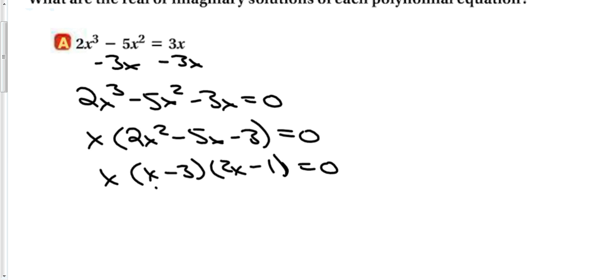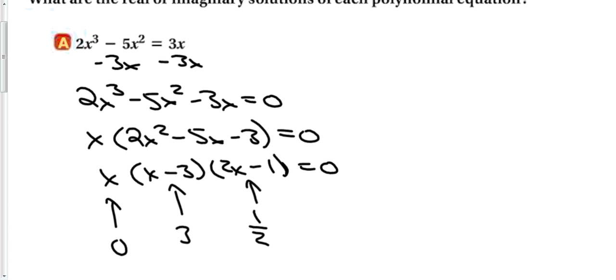Okay. Now, let's set each factor, each one of these three terms, equal to 0. Set x equal to 0, I get x equals 0. Set x minus 3 equal to 0, I get a positive 3. And set 2x minus 1 equal to 0, I get a positive 1/2.